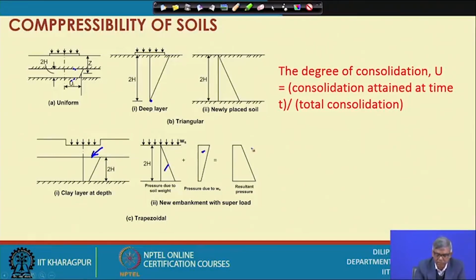So, these two together will have a reverse trapezoidal. For the normal condition, the trapezoidal will be more here and less here, and for a newly deposited embankment it will also be trapezoidal, but lesser intensity at the surface and more pore pressure at depth. Before going to develop the rate of consolidation, we need to know how pore pressure develops at different depths. So, this is the visualization, we can visualize for different conditions how pore pressure distribution will be over the depth.